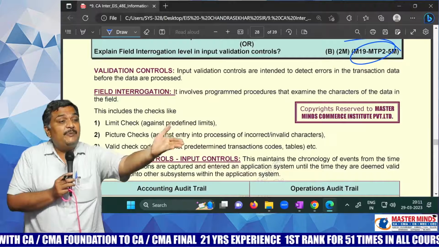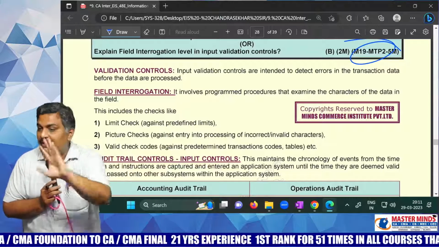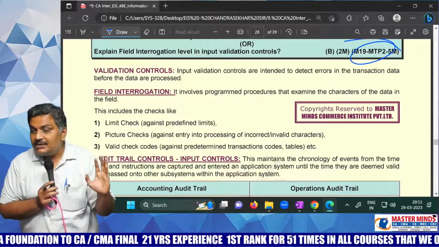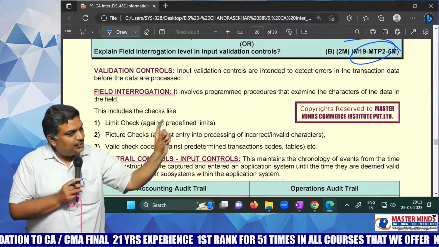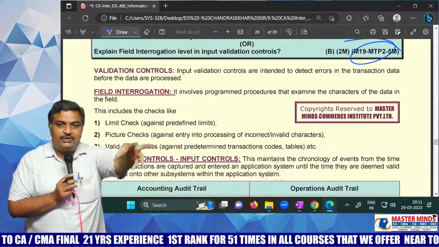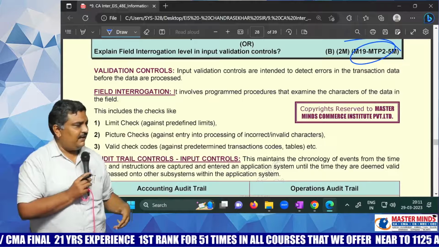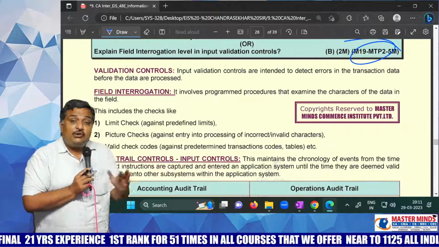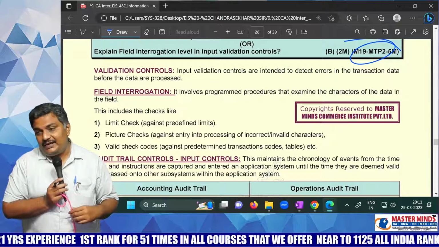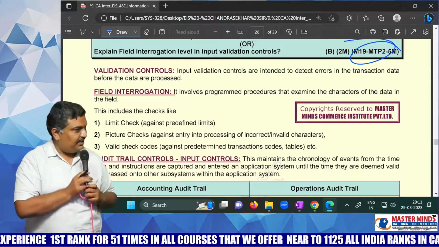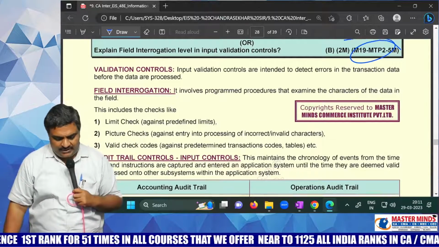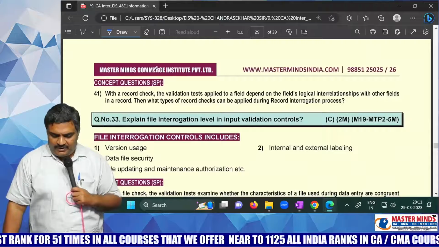But you need to get special permission. Normally you cannot enter the application. Why? Because in that software we set the age to be between some 15 years till the end, some 120 years. But it should not be less than 15 years. So that is called a limit check. Okay, that is field interrogation. Yeah, we will stop this question here.